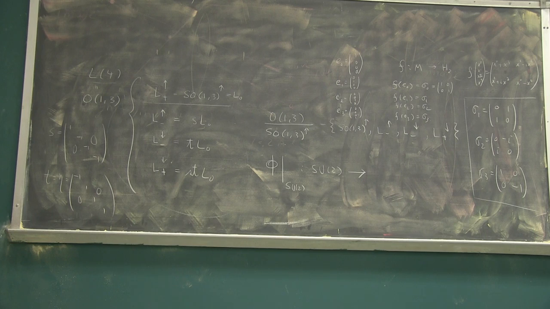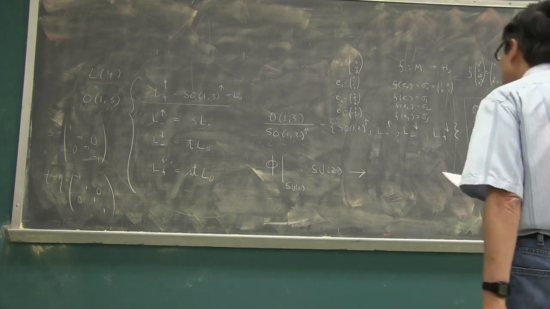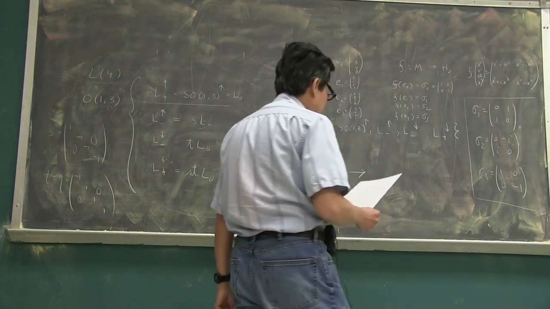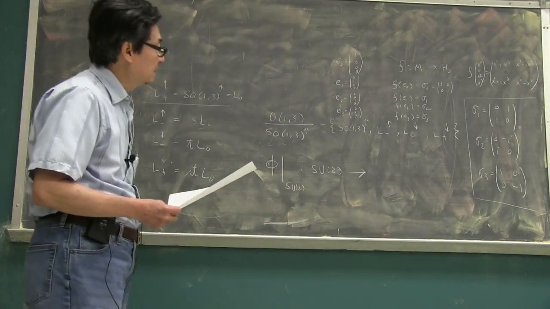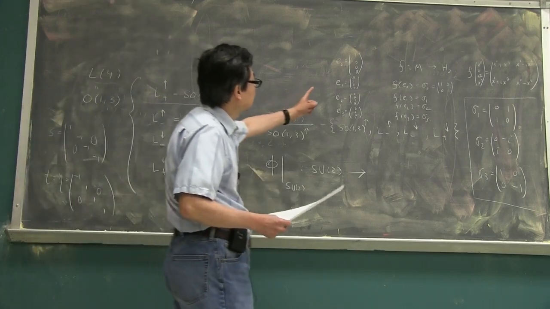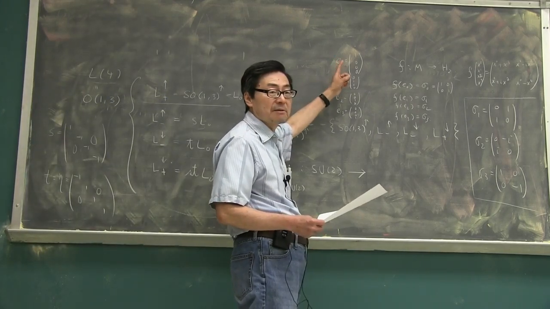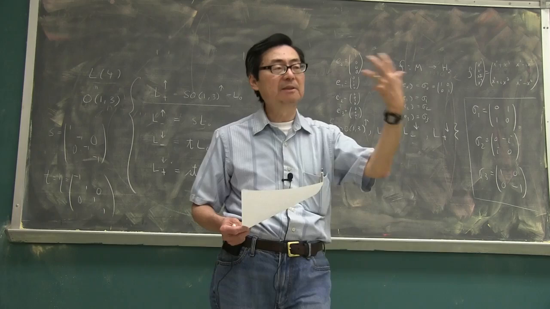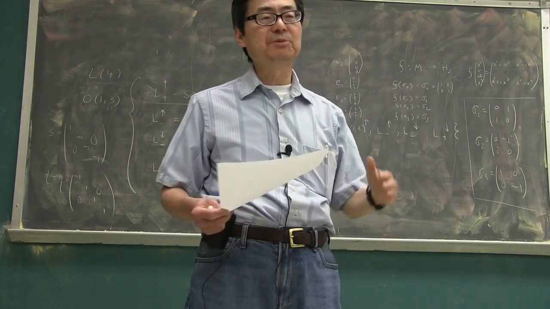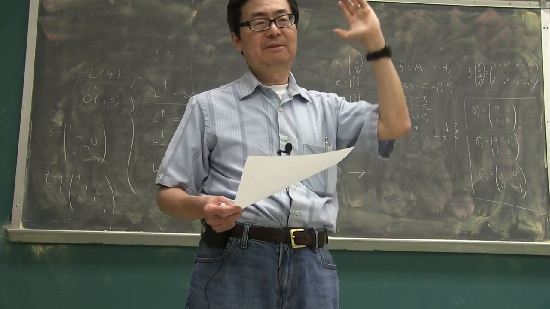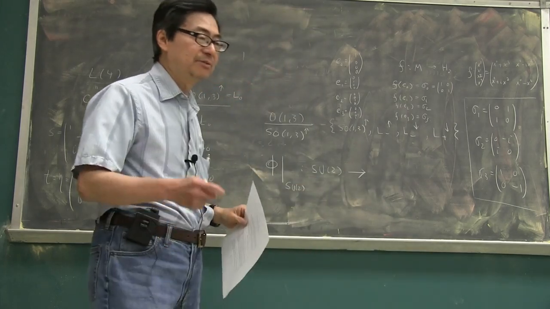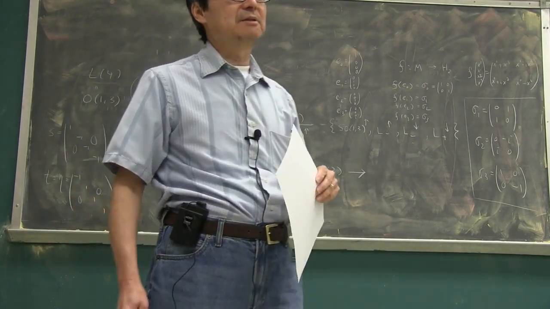Now let us look at what SU2 elements do to the subspace orthogonal to the time axis. How is orthogonality defined? It means that the dot product between those vectors and the time axis is equal to 0. And how do you define dot products?